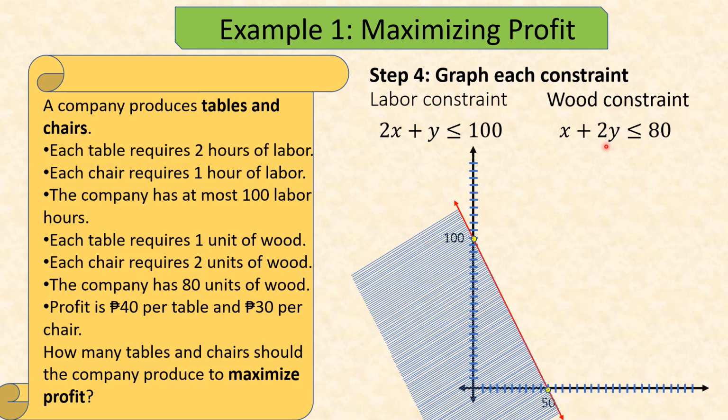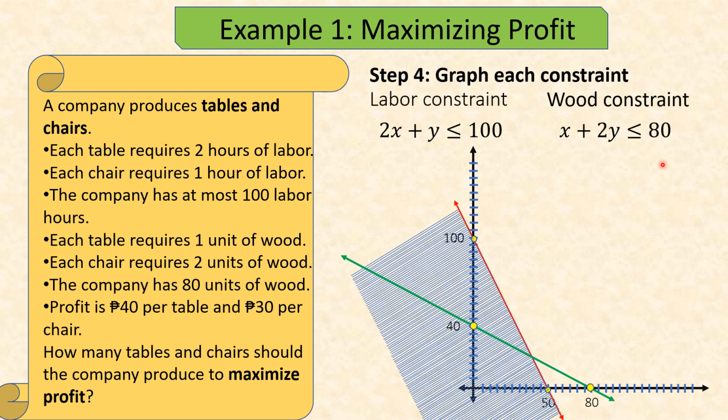Divide both sides by 2 to get the y. So we have y is equal to 40. Next, if our y is 0, then 2 times 0 is 0, so you are only left with x equals 80. Okay, then we connect the points like that.